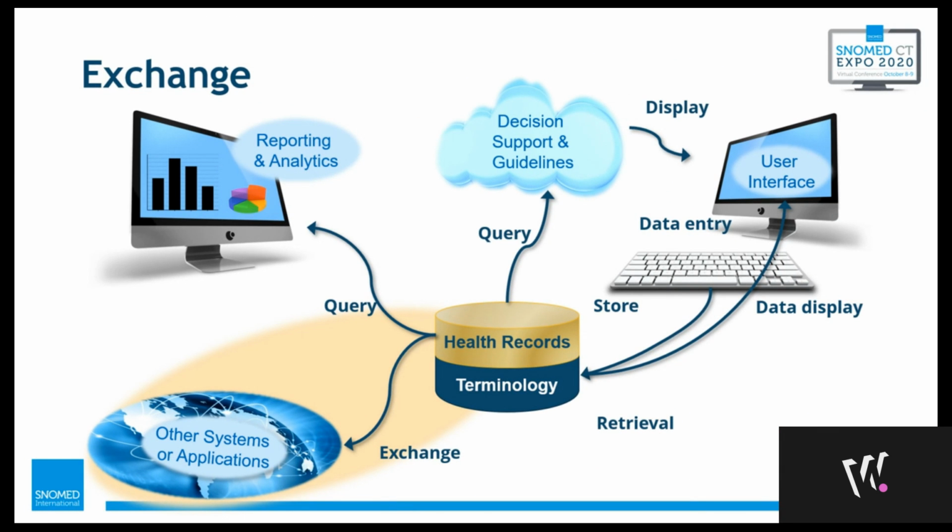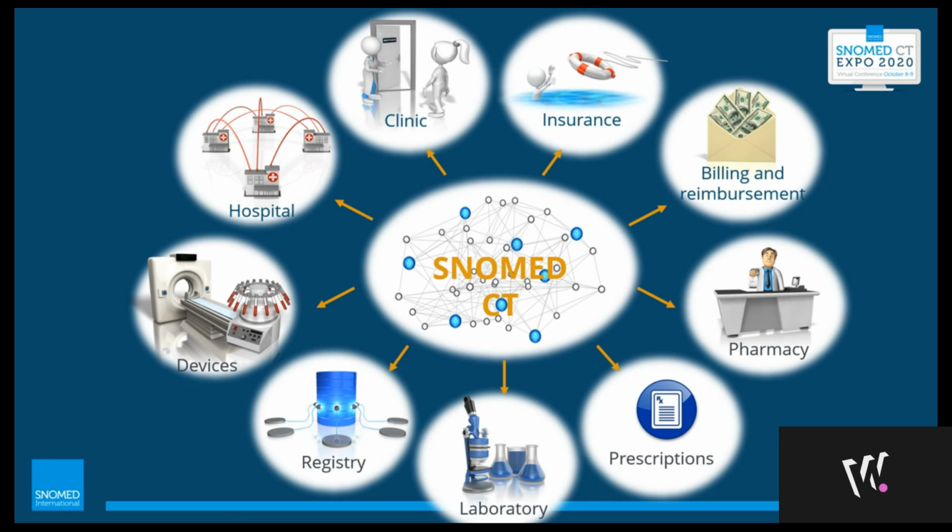In the last part of this presentation, I will make a few comments regarding the use of SNOMED CT to exchange data between systems and applications. Critical to the success of electronic health records and the general digitalization of health information is the ability to share and exchange data between different data sources.